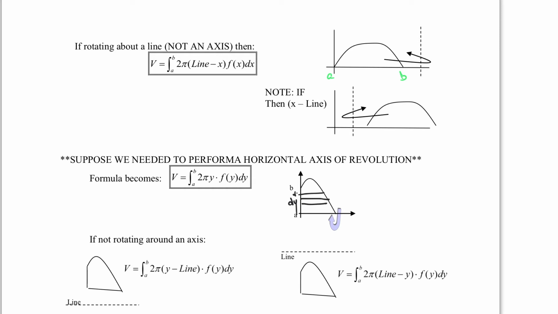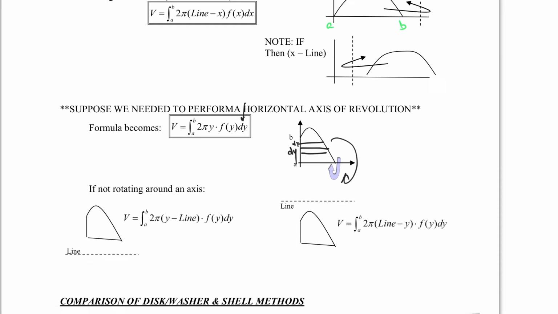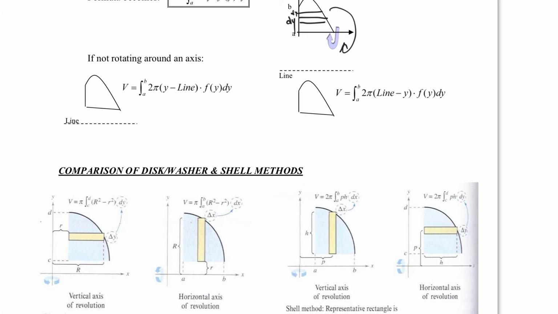So we need the equation to be in terms of y. So we need f of y, and we need a y there. And same thing, if you've got different lines, the integral from a to b, and if the curve is above the line, it'll be y minus the line. If the line is above the curve, then it's line minus y, so that you end up with a positive value.